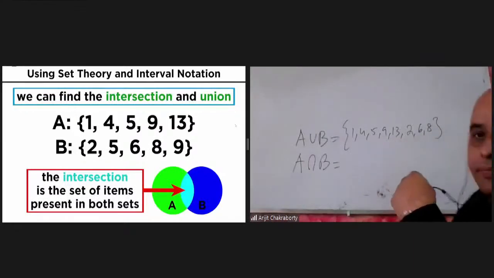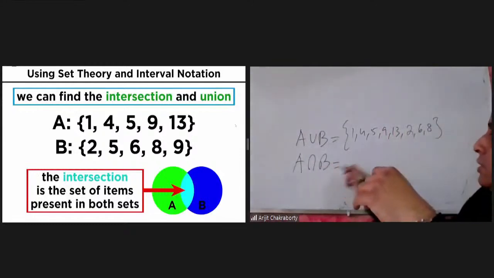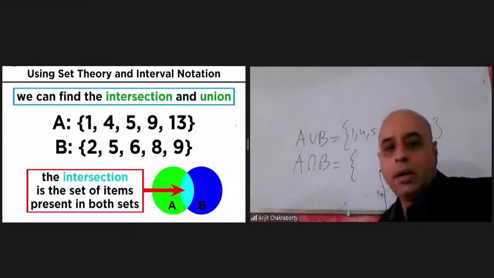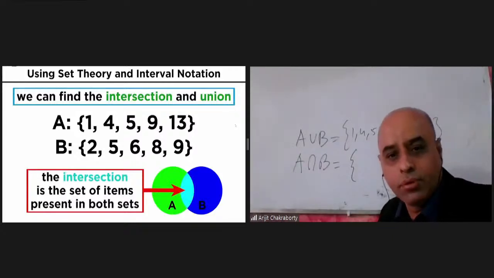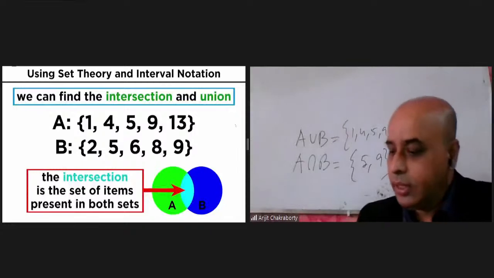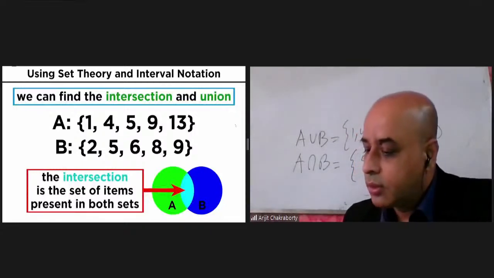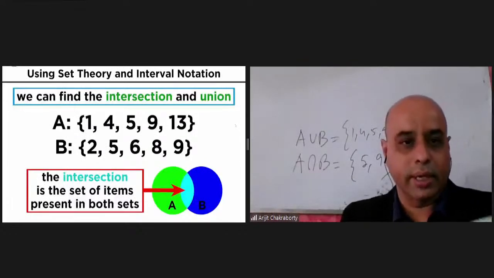The others are there because you can see 9 is common and 5 is common. A intersection B, we can easily understand out of the 2 sets given. Please work with me. You will find 5 is common, 5 is there in both the sets, 9 is also there. So A intersection B is 5 and 9. Okay. Please check it and just ensure it's correct.